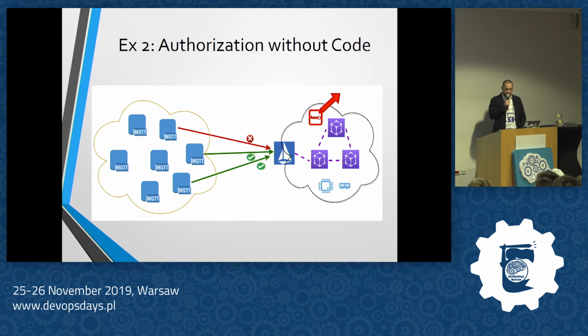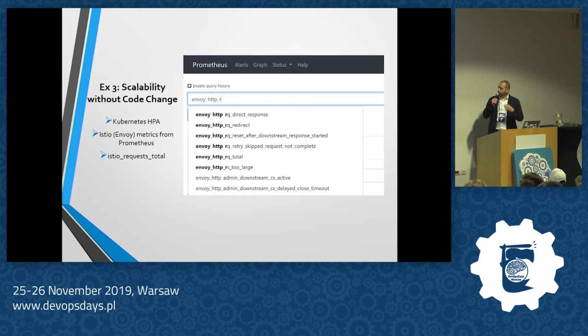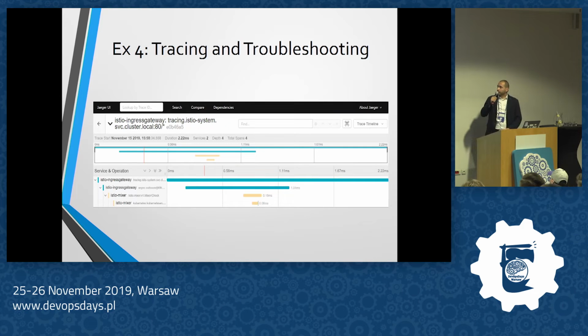Another one, typical for IoT scenarios, is when you have Istio in front of your mesh, you have options to block all requests in front of your mesh. When we are talking about scalability, with Istio you have some default metrics, and you don't want to implement complex counters inside your code. So again, you can do it with Istio. Tracing and troubleshooting is also easier with Istio because you have better visibility and observability of what is happening in your mesh.